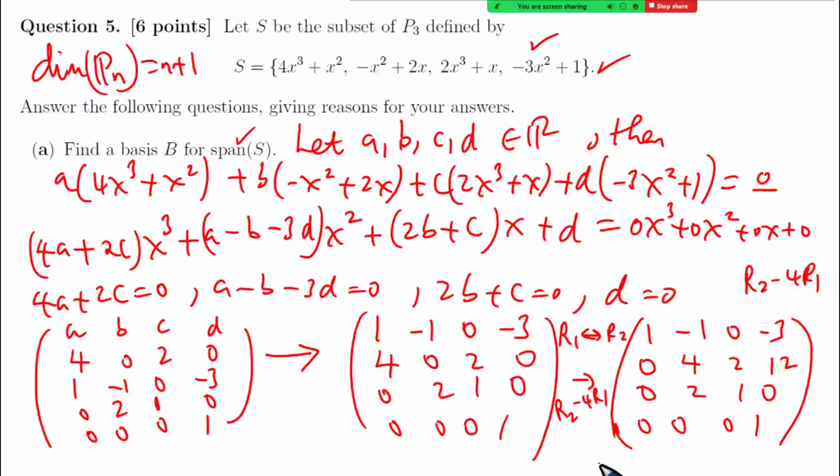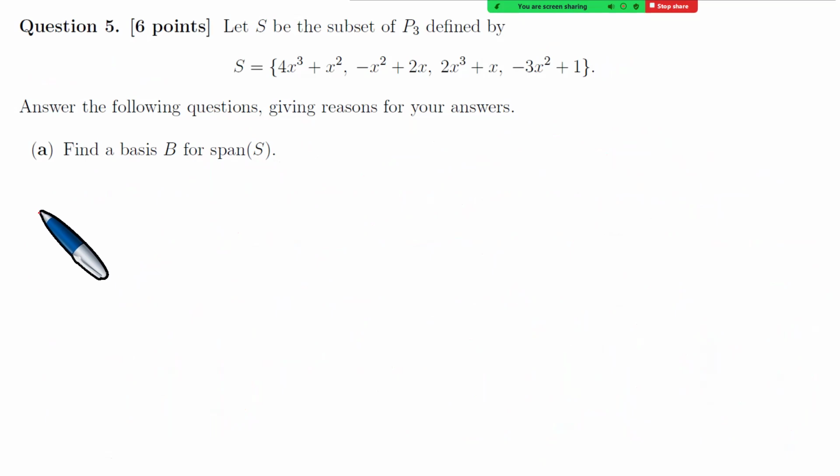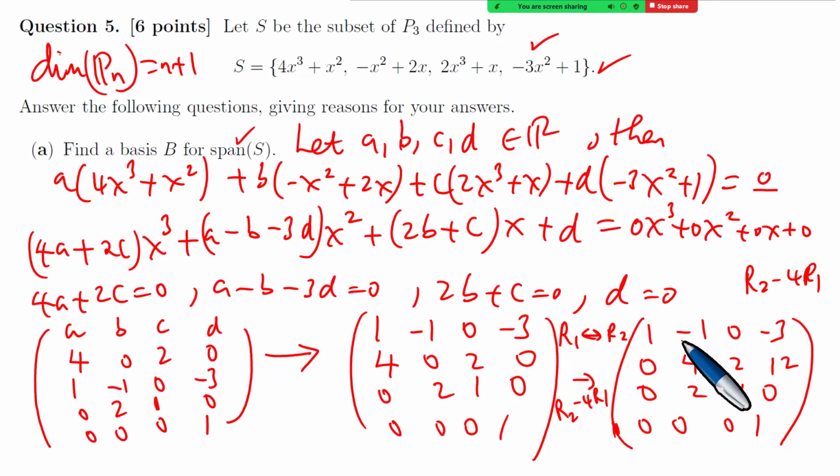Right, this is fine. Now, let us get this next one. At this point, you can do whatever you can, since I want to find the numerical values. Let us take this one: 1, minus 1, 0, minus 3.